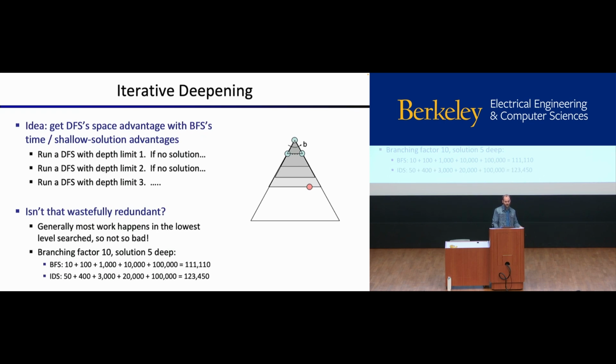Whereas with iterative deepening search, all these nodes at the first level we visit a total of 5 times because we visit them at depth 1, at depth 2, at depth 3, at depth 4, at depth 5. On the second level, we only visit them 4 times, and so on. And so the total cost is 50 plus 400 plus 3,000 plus 20,000 plus 100,000. You add them all up, and it's barely worse.